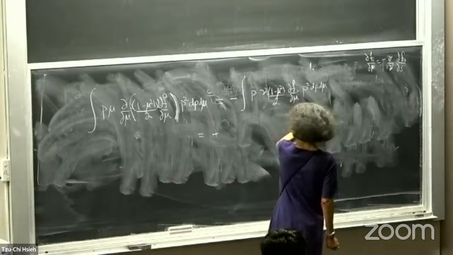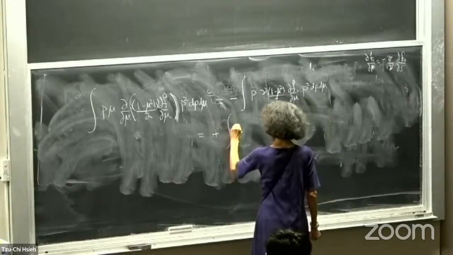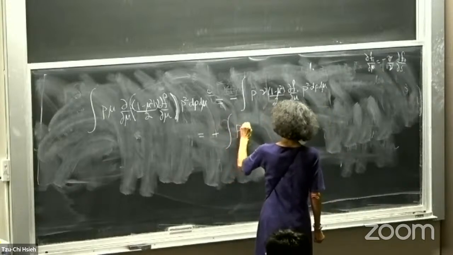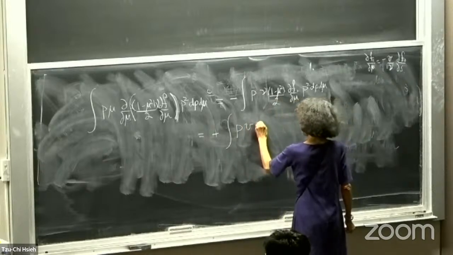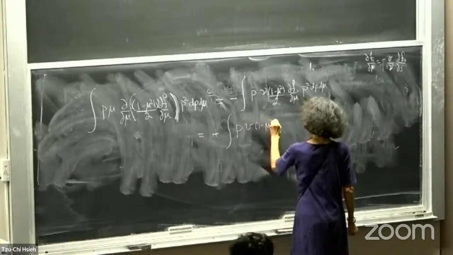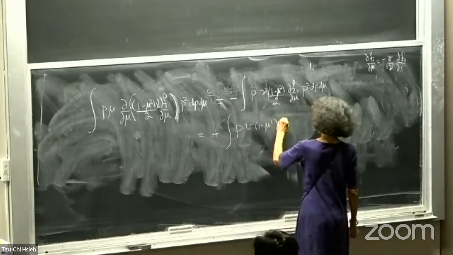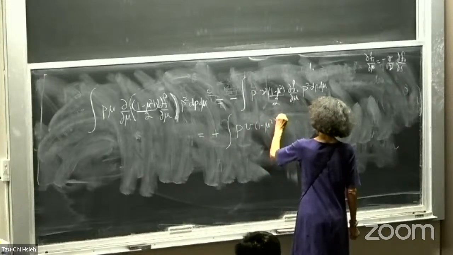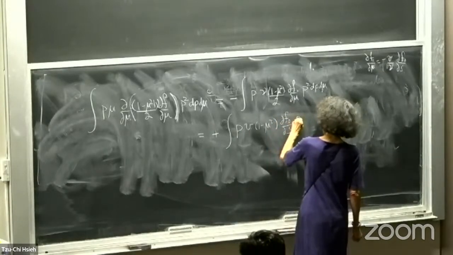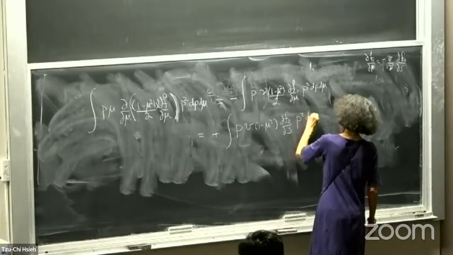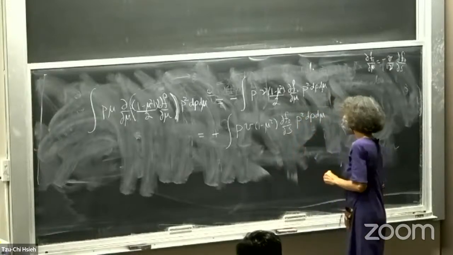Nu d by d mu is just v, so we'll have a p, then we'll have a v, and then we'll have a 1 minus mu squared, df naught ds, p squared dp d mu.